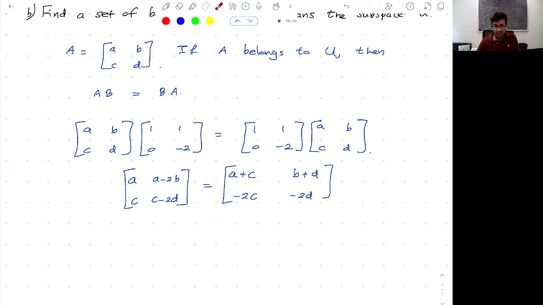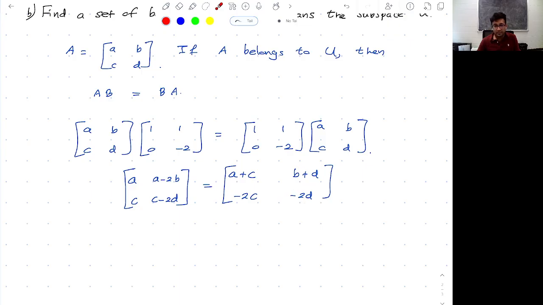Okay, I will double check this matrix multiplication. So first I'll multiply these two matrices. So I get AC and I get A minus 2B and C minus 2D. And I get A plus C, B plus D, and minus 2C and minus 2D.